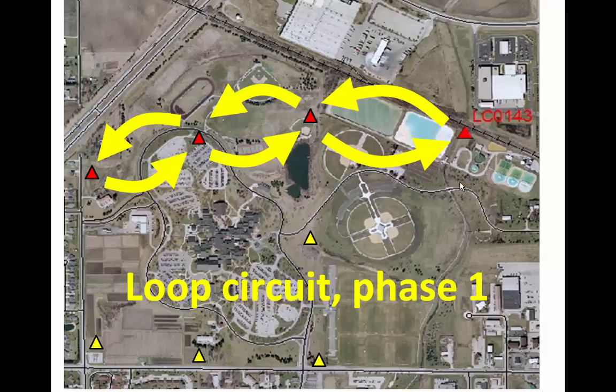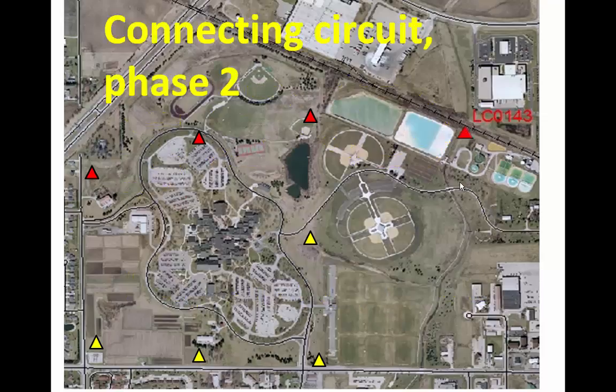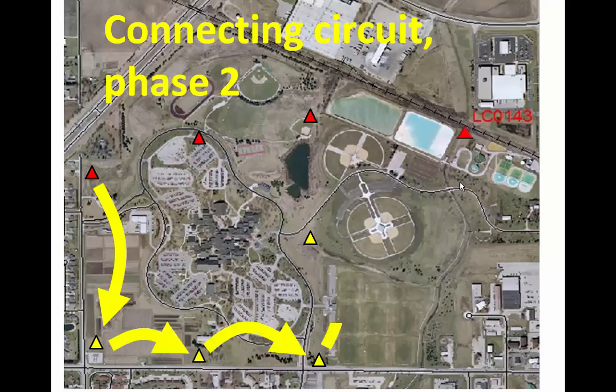In the next phase, we ran a connecting circuit from the northwesternmost monument down to the southwesternmost monument, and then continued counterclockwise around the remainder of the loop, as you see here, back to our northeasternmost monument.